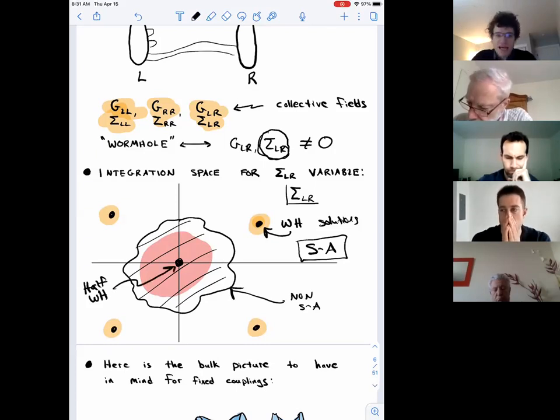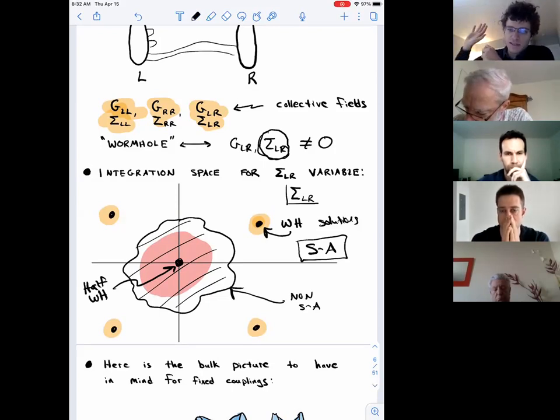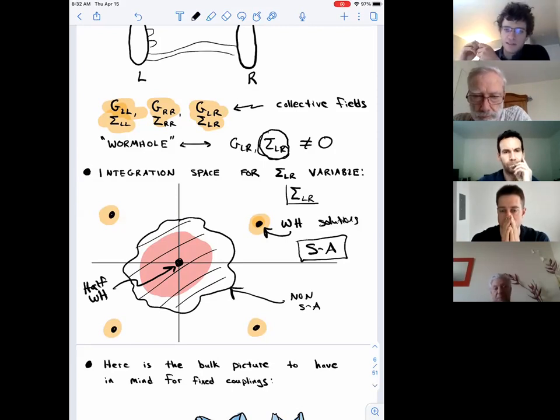That's what we call this half wormhole contribution. So this is a picture of the integration space for this theory when you fix the couplings. There's a region where it remains basically the same as in the averaged theory, and that's where the wormholes live. But then there's this new region which is strongly sensitive to the exact values of the couplings, and that's where these things called half wormholes live.